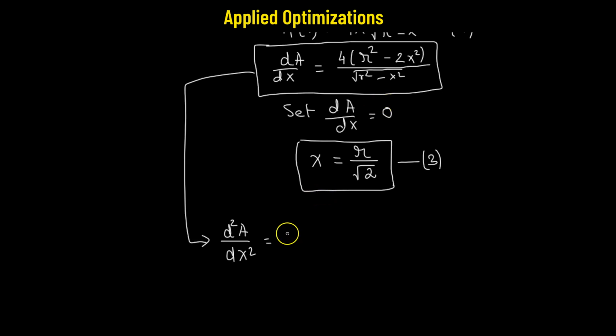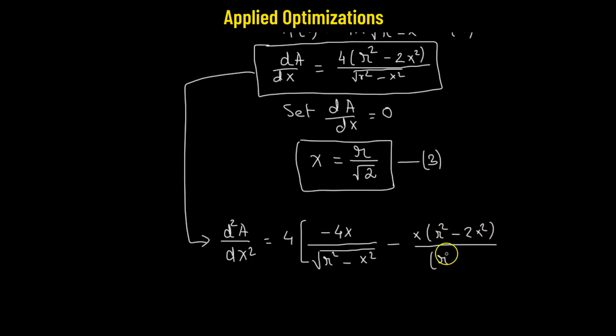So this will be 4 times (negative 4x divided by the square root of r squared minus x squared, minus x multiplied by (r squared minus 2x squared)) all divided by (r squared minus x squared) raised to the power of 3 over 2. So this is going to be the second derivative of our area function with respect to x.